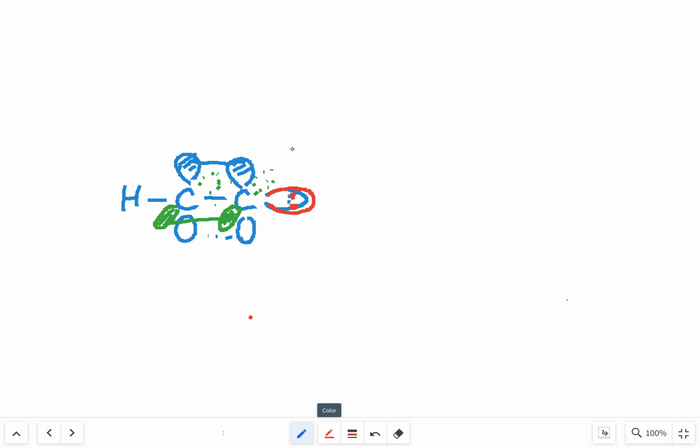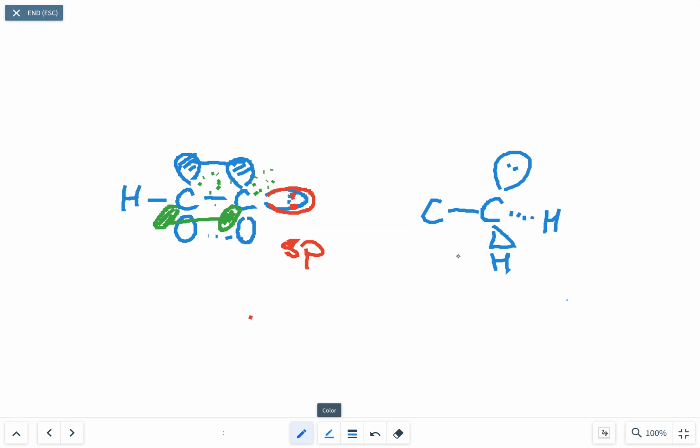So there is no stabilization by resonance for this. But the electrons are actually in an sp orbital, whereas with ethane, this is, of course, tetrahedral. So I will draw them like this. This will be in an sp3 orbital.